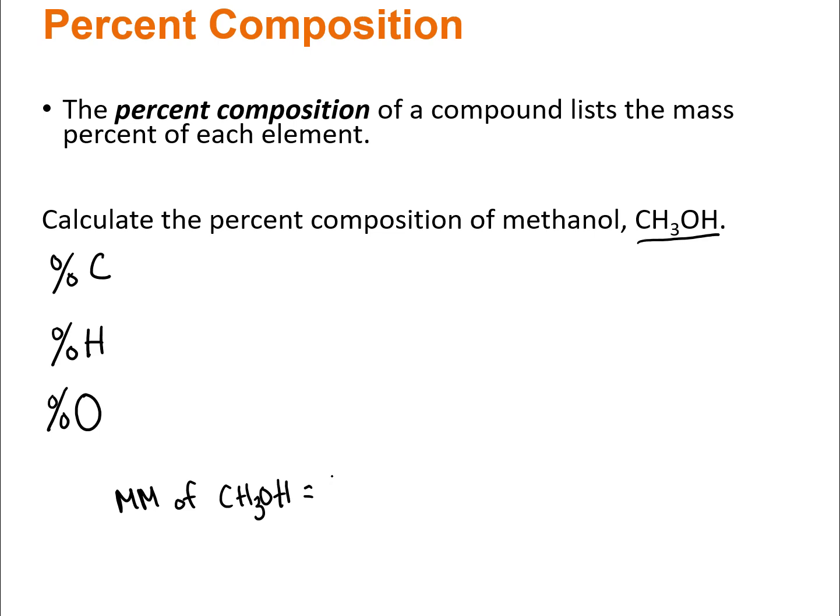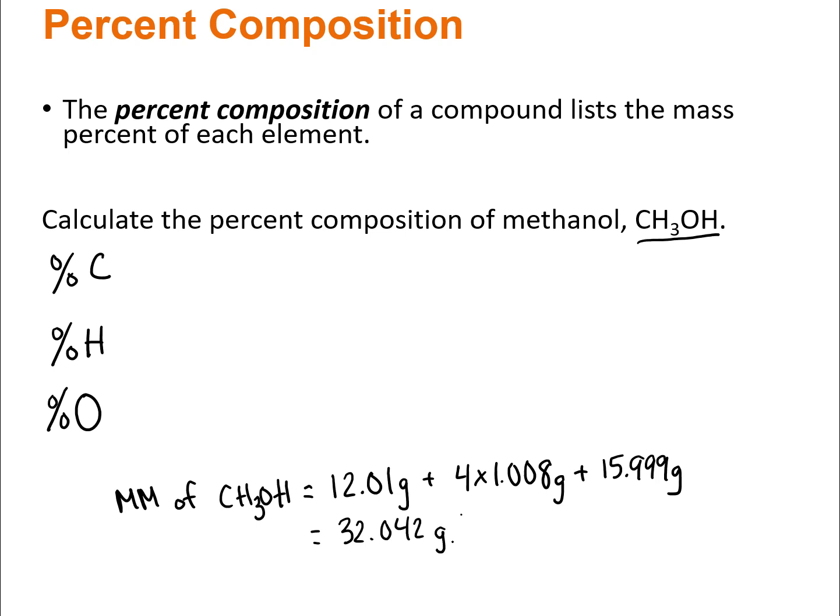You're going to take the carbon plus 4 times the hydrogen plus the oxygen, which you can put as 16 or as 15.999. You're going to get ballpark the same answer. So that's our molar mass.